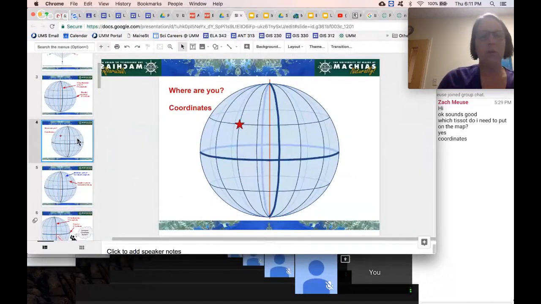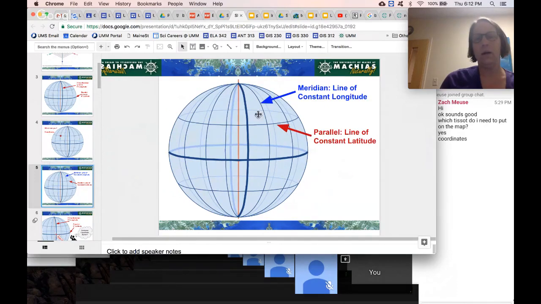So let's look at how we measure. If we have a location on the Earth that we want to measure where we are, and that's it right there. So we've got that location. What we need to do is find out how we name each of these. So this is called a parallel, and this is called a meridian. A line of constant longitude is a meridian, and a line of constant latitude is a parallel.